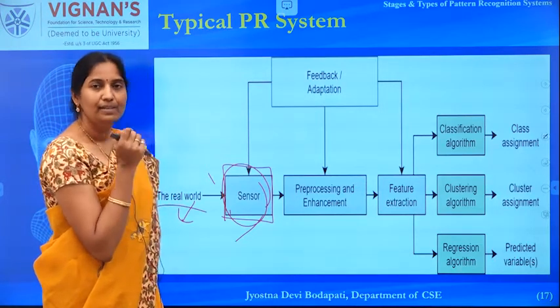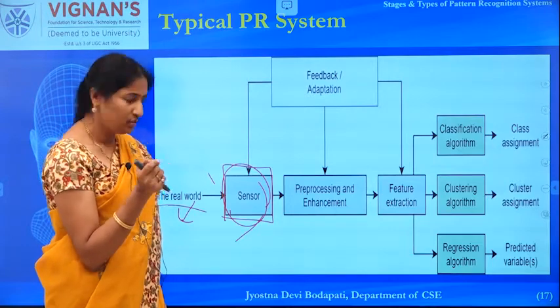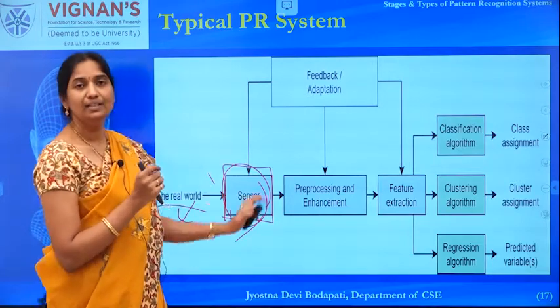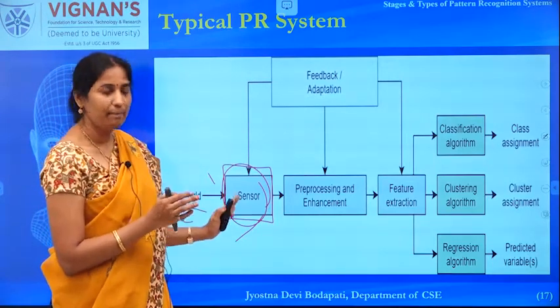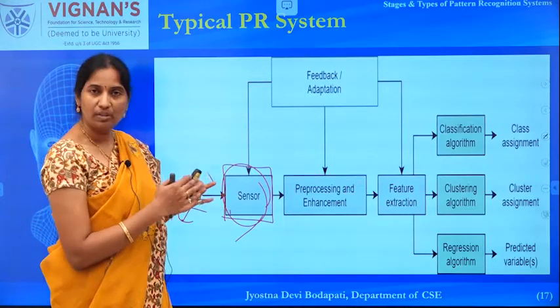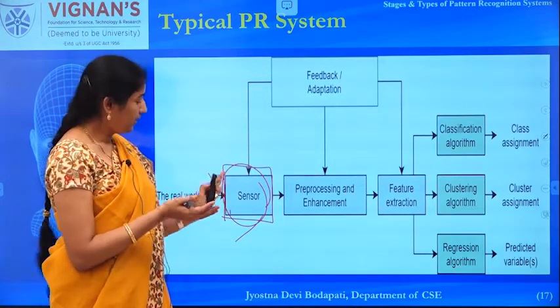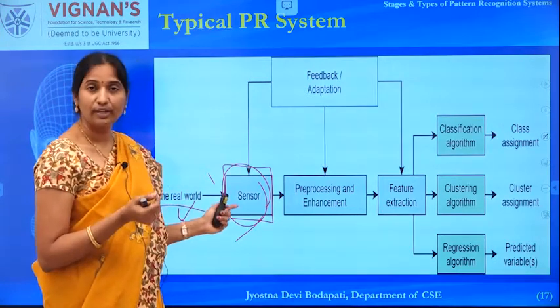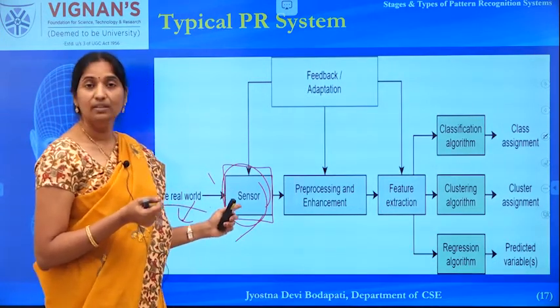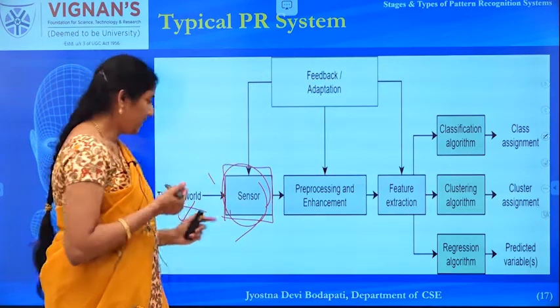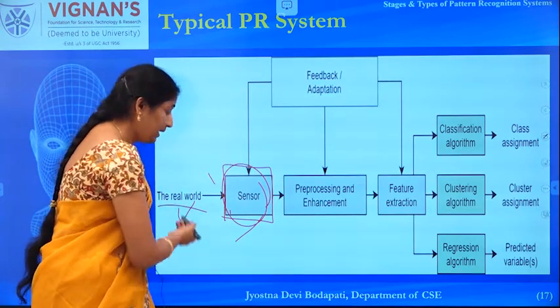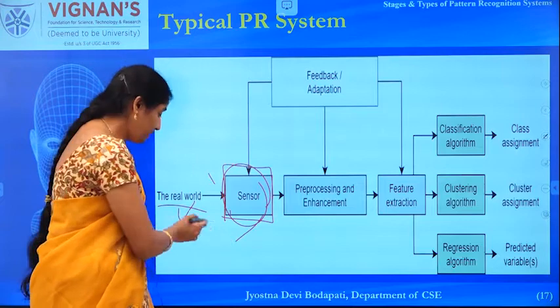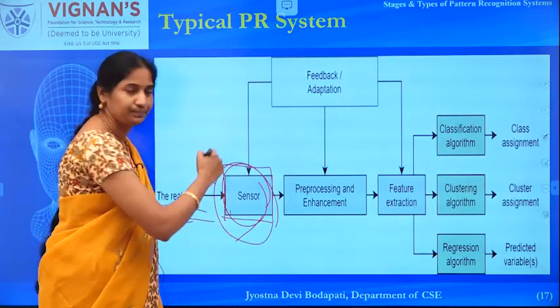Depending on the type of application, the way you are collecting the data changes. And say it is something like video summarization. In that case, your input to the application is video, so you should have a video recorder to record the videos. That is how the way you collect the data from the real world changes.